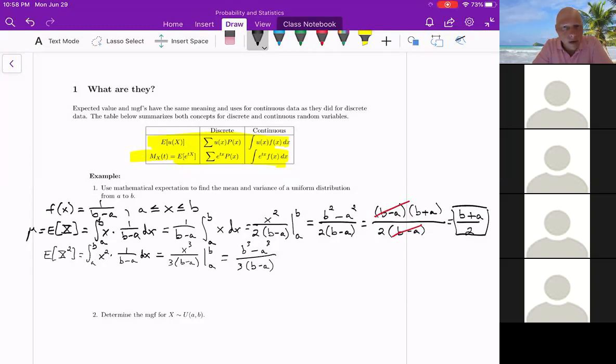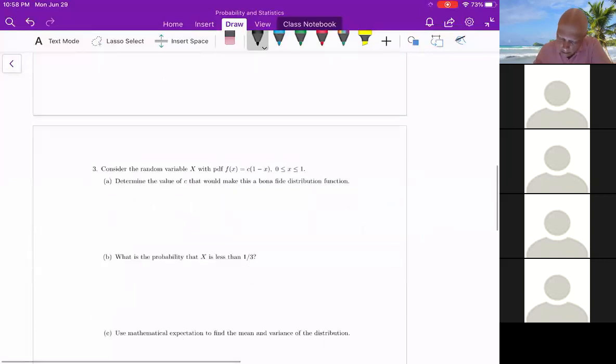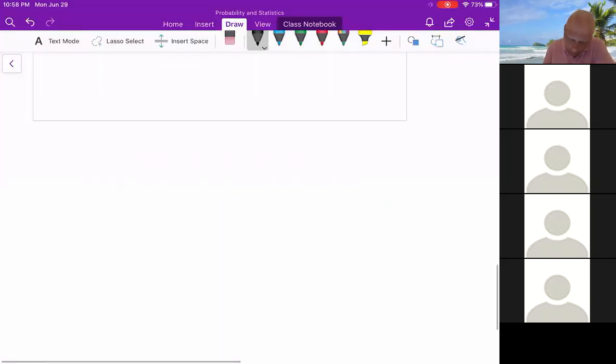And then from here, I would look to see if I could factor that b cubed minus a cubed into a b minus a times something factorization. So let's do that over here.